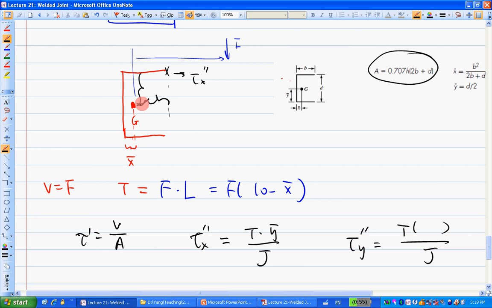Right, this distance. So that distance is actually how much? 5 minus x bar. Was that good?